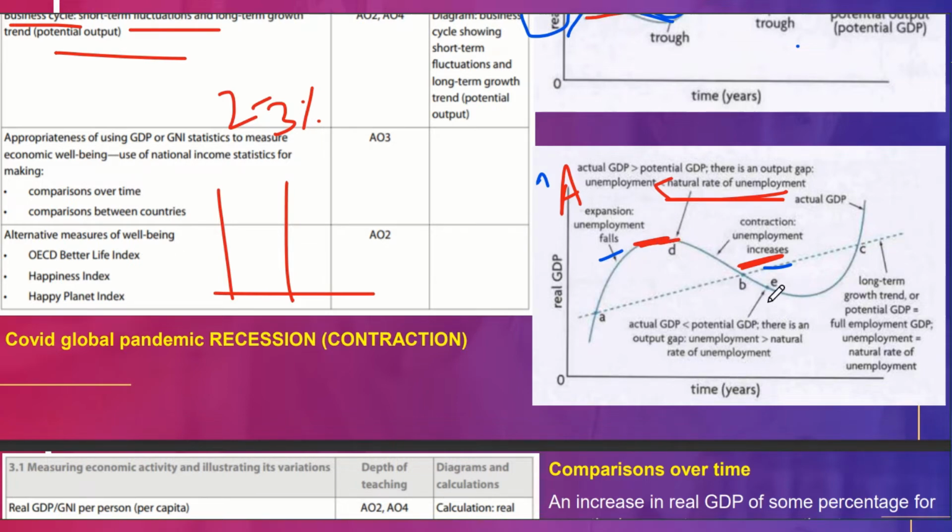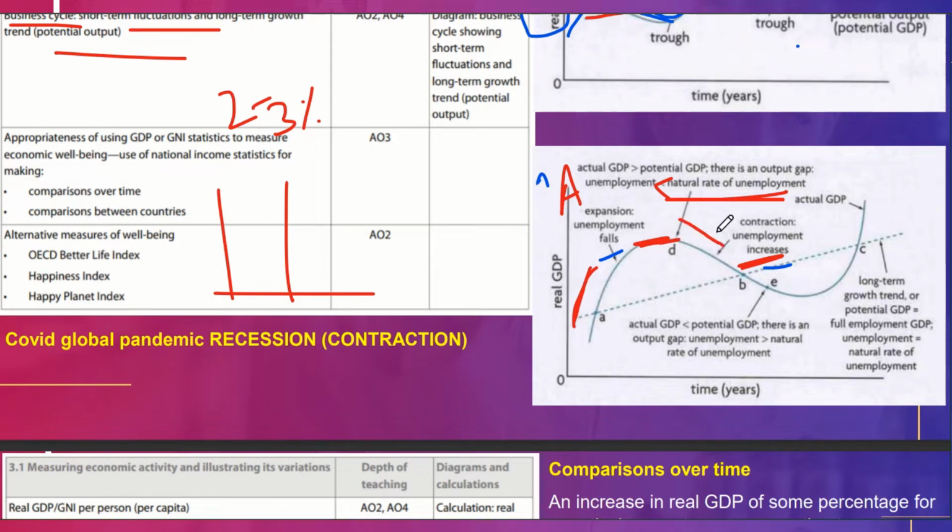Meanwhile, during the trough stage or depression stage, actual GDP is lower than the potential GDP, and there is an output gap. Unemployment is greater than the natural rate of unemployment. See, the unemployment rate is greater than the natural rate of unemployment. Here unemployment starts to fall when the GDP increases.